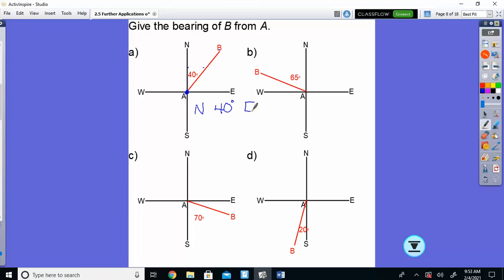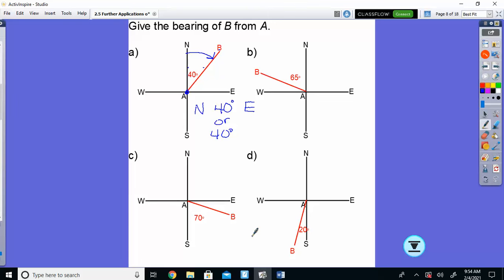East. The second notation is clockwise from due north. So if I'm just due north, how many degrees clockwise would I travel? Just 40 degrees for that one. So the two ways that we might see that bearing.